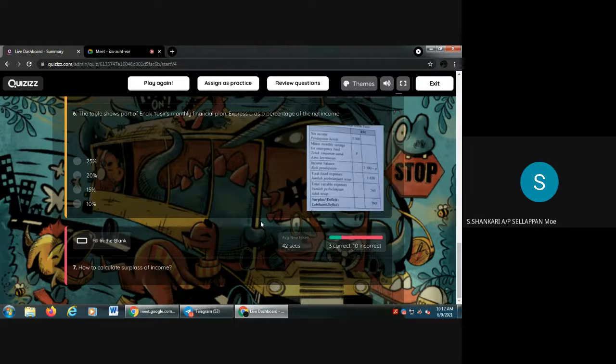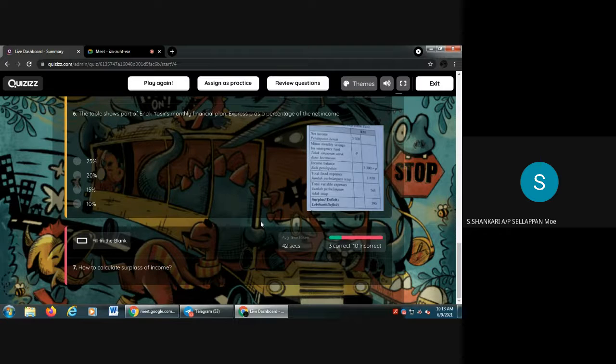Okay, how to calculate pendapatan lebihan? Income balance minus total monthly fixed expenses minus total monthly variable expenses. Correct or not? Group 2? Yes. It is on page 278.